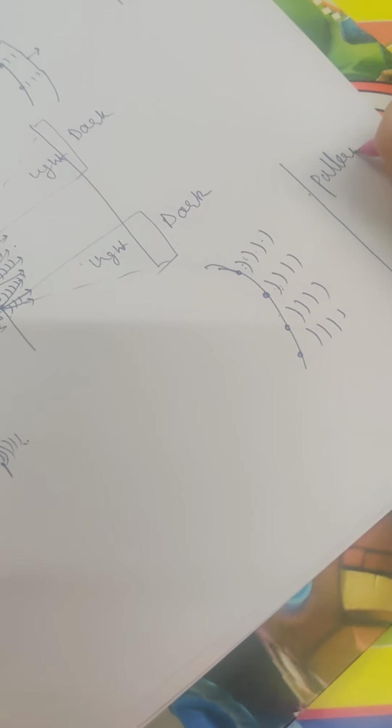Suppose this is my single wavefront. The diagram is not that neat. From the single wavefront the waves are emitting and spreading. These waves will superimpose to form a pattern on the screen.